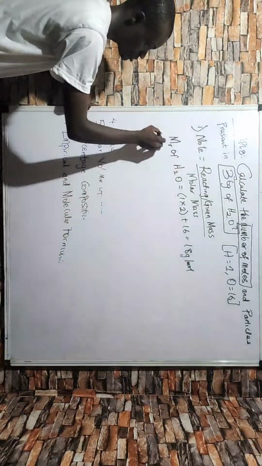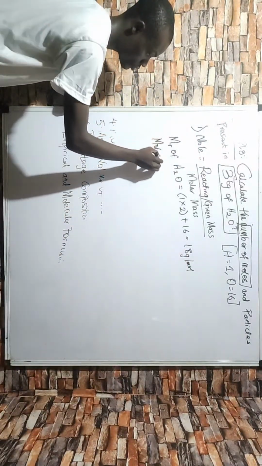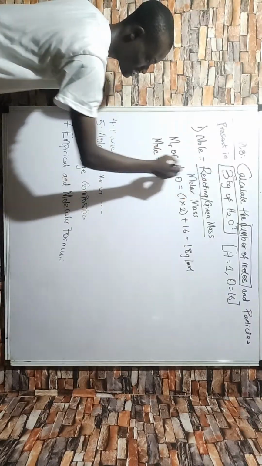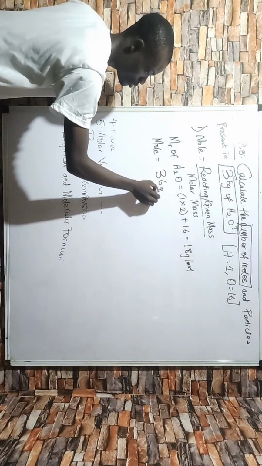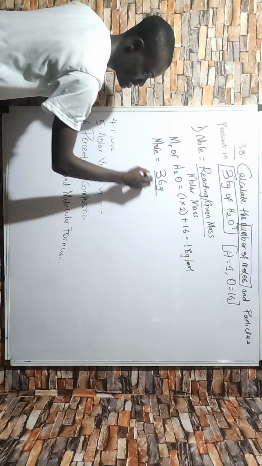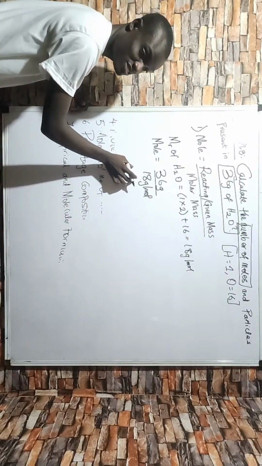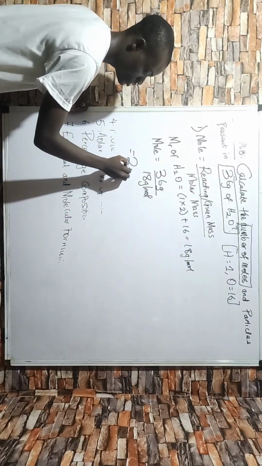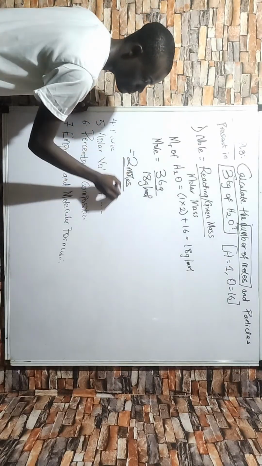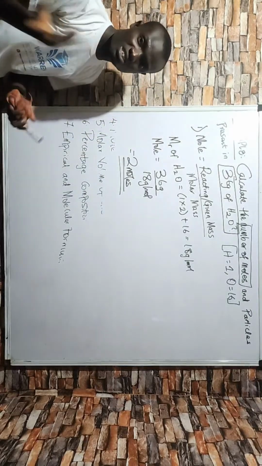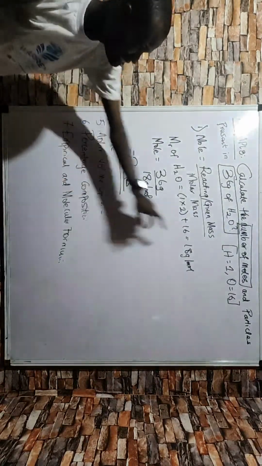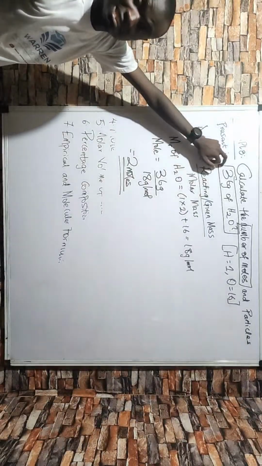Now the mole will be equal to the reacting mass, which is 36 grams, over the molar mass, which is 18 grams per mole. When you divide 36 by 18, it will give us 2 moles. So in this mass of water, there are 2 moles present. It's ideal: if 1 mole is 18, meaning 2 will be 36 grams.